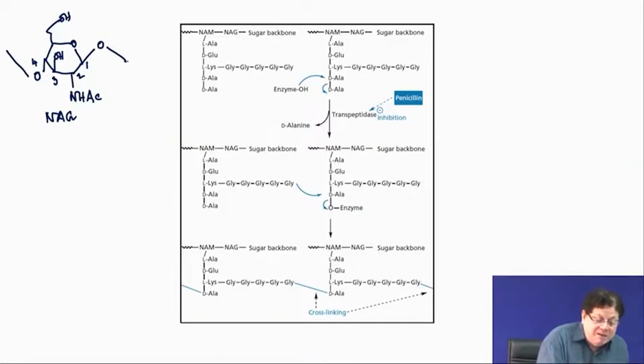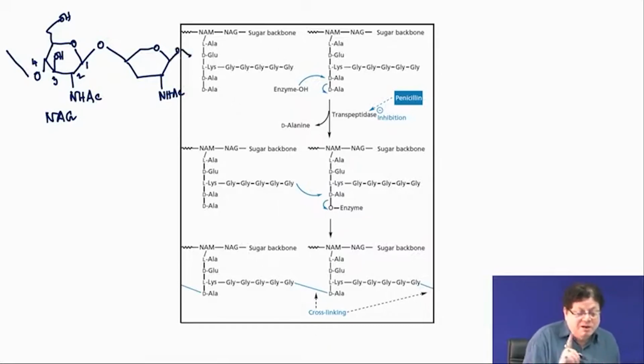And what is your NAM? The NAM is like this. NHAc, N-acetyl, that is there, and this is attached to the glycoside, another sugar unit, and here the linkage is beta.